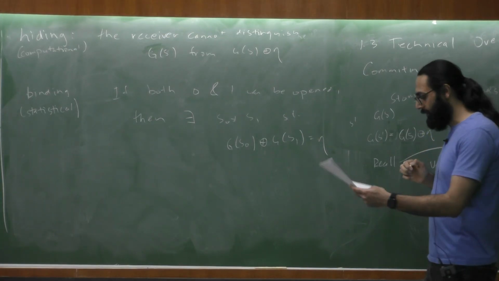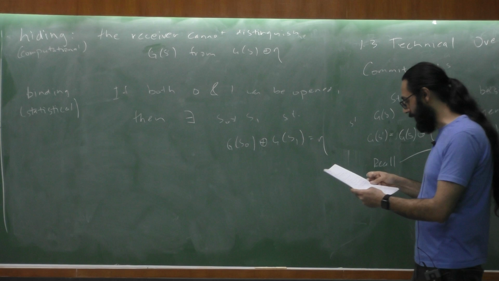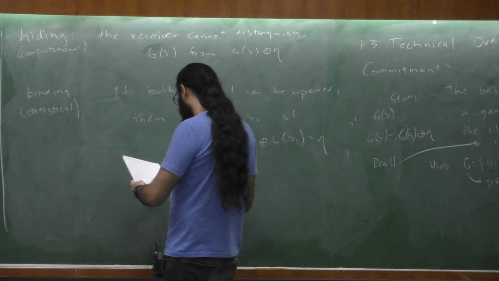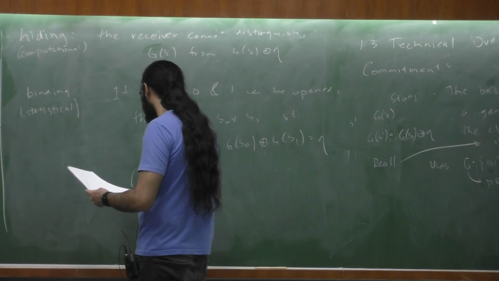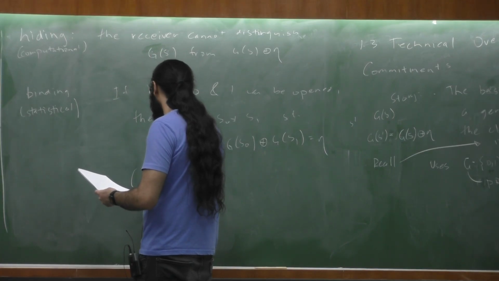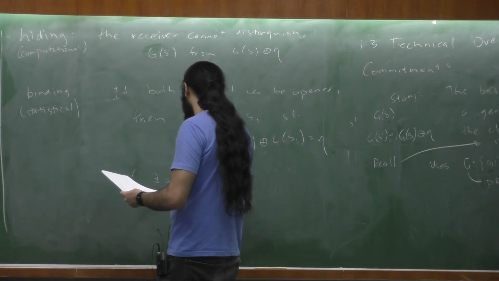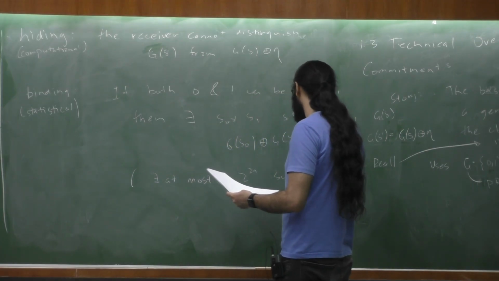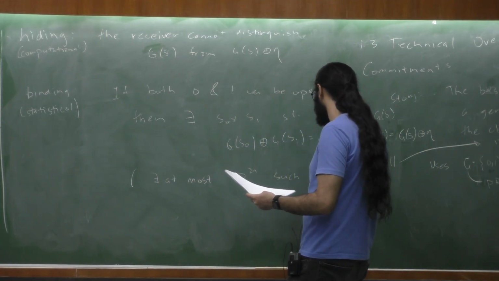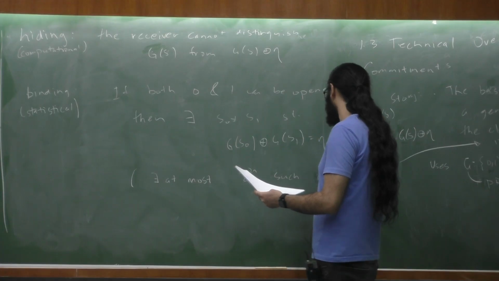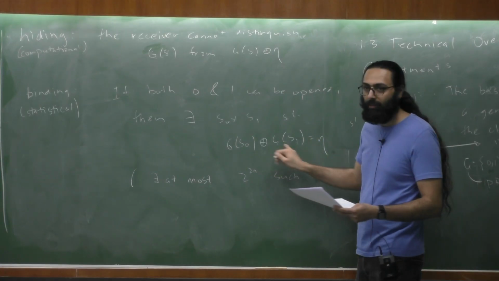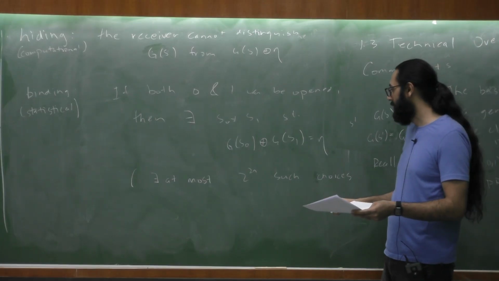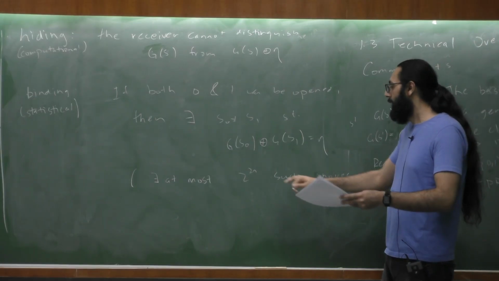Okay, so let me just quickly say that. So here's the counting argument. There exist at most 2 to the 2n such S's, such choices. Each is n bits, so at most 2 to the 2n choices.